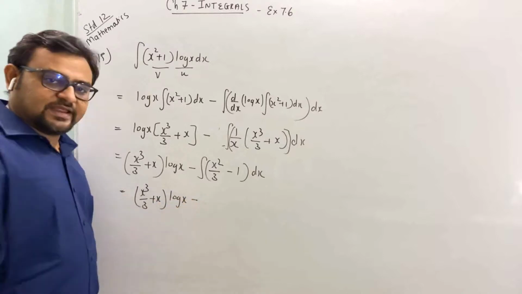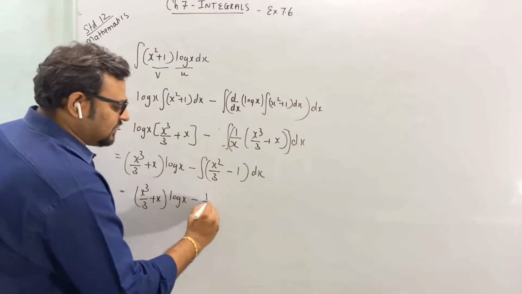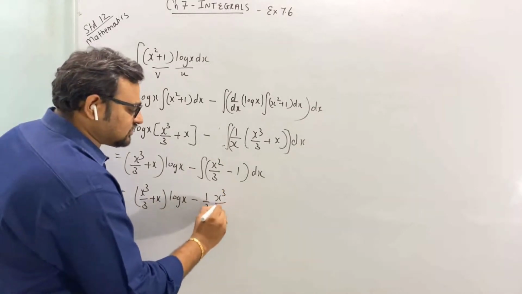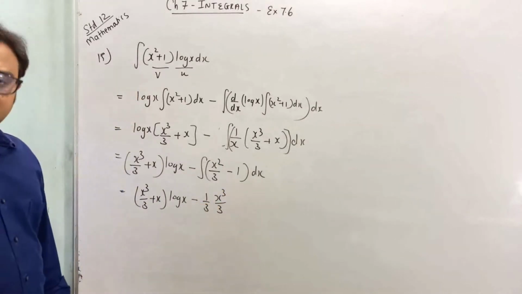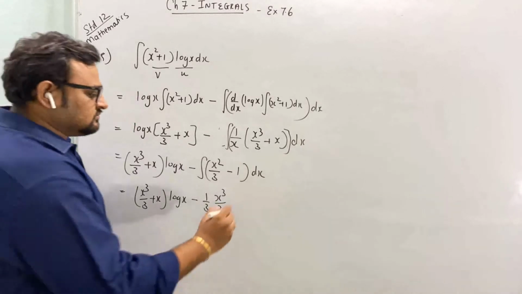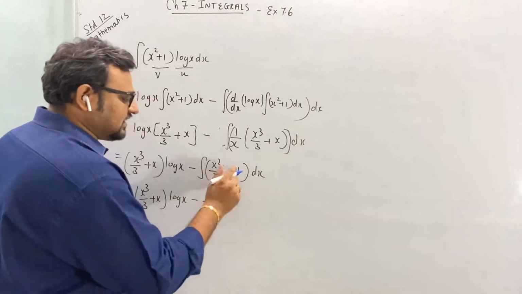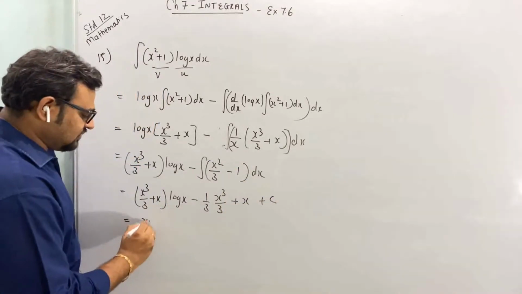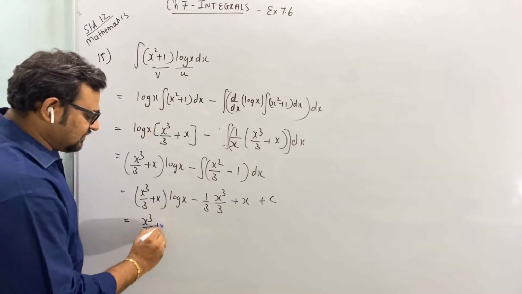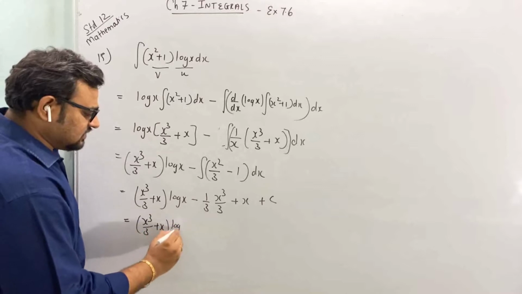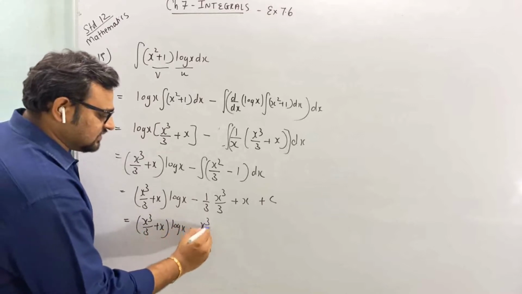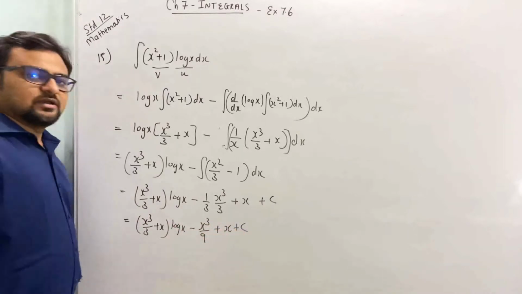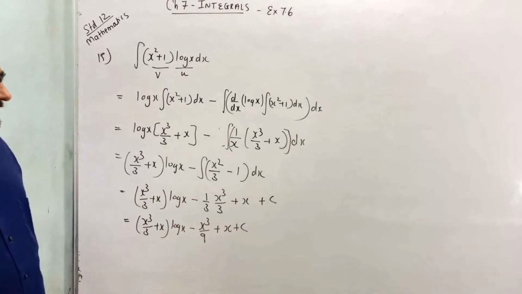So this will be equal to x cubed by 3 plus x log x minus 1 by 3 as it is, integration of x square, again x cubed by 3. Okay. Minus minus plus integration of 1 is x plus c. So this will be x cubed by 3 plus x log x minus x cubed by 9 plus x plus c.